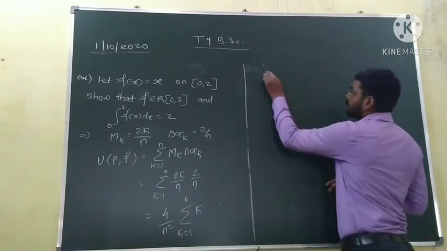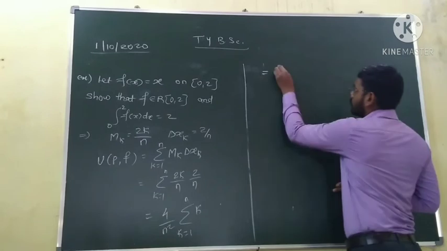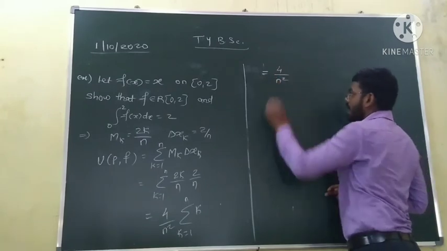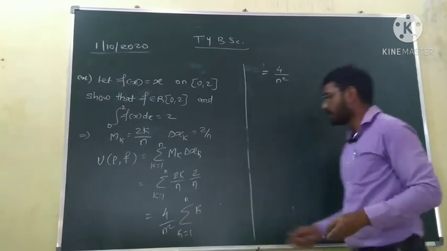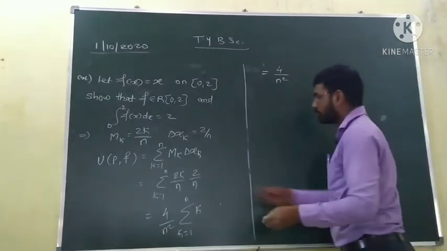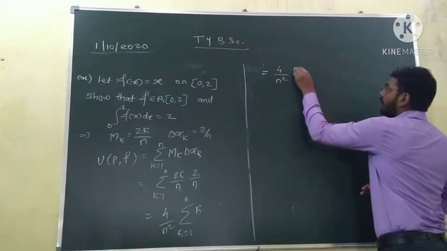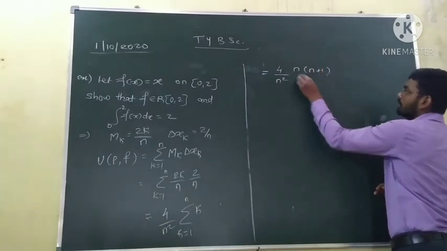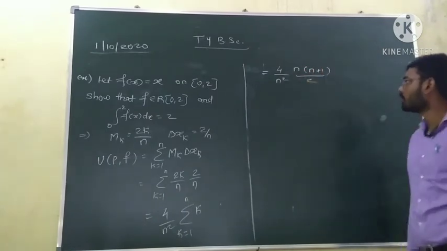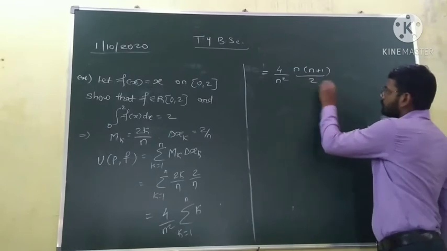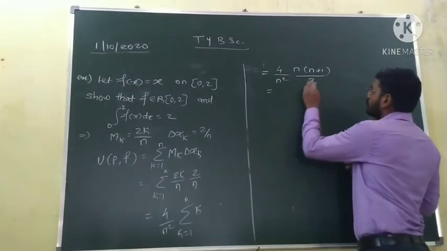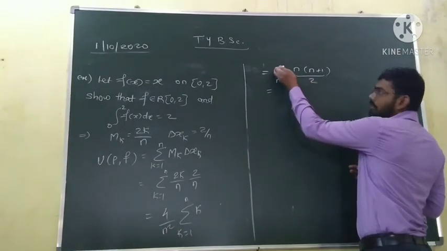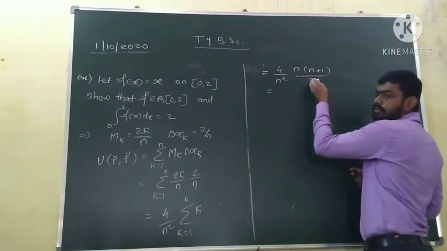Okay. Now again, this is nothing but the sum of first n natural numbers. So our upper sum becomes, so 4 by n square as it is outside. This is nothing but the sum of first n natural numbers. So we know the sum of first n natural numbers is n into n plus 1 by 2. Okay. Now take this multiplication. So we can divide 4 by 2.